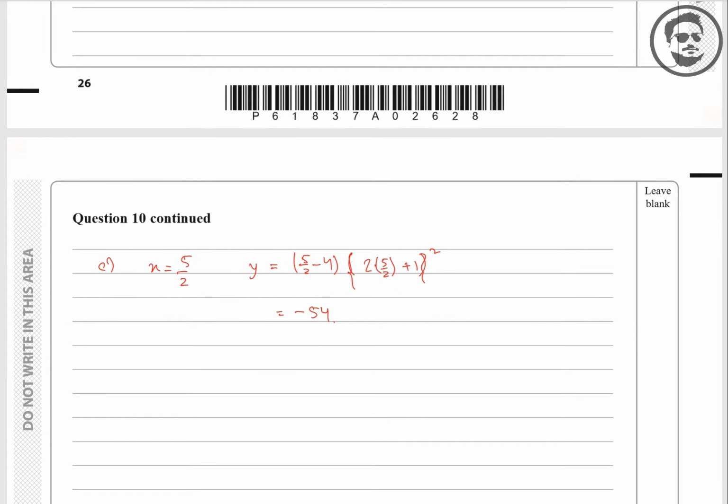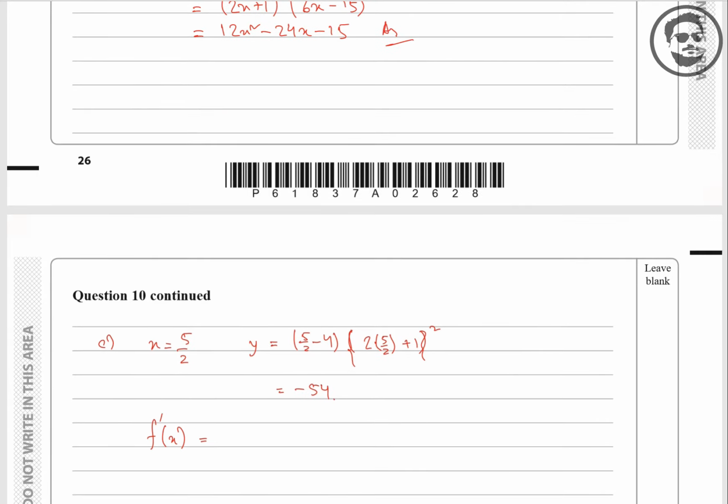Okay, now we need to find the gradient. For the gradient, we know that if we put x equals 5 by 2 in f prime of x, we will get our gradient. So f prime was 12x squared minus 24x minus 15.